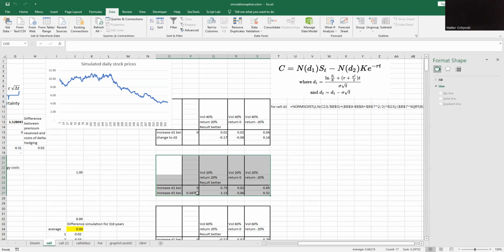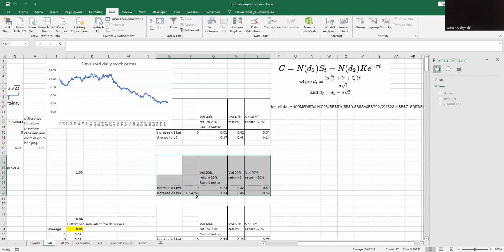69 cents. However, if we would increase every D1 by some number, I was simulating with goal seek to find the best number by which I should increase D1 to perform best.